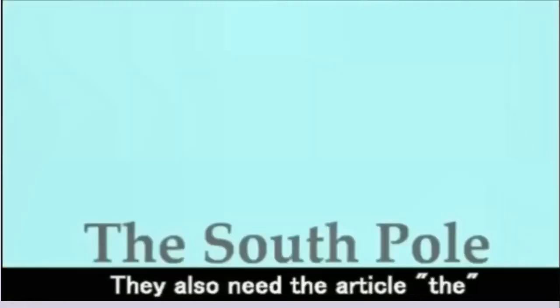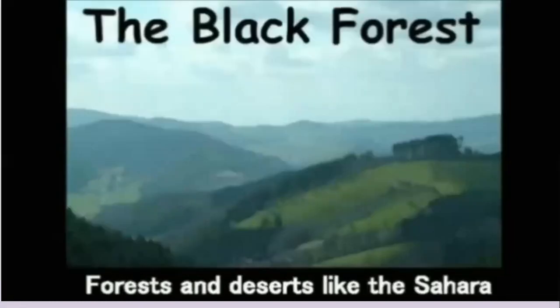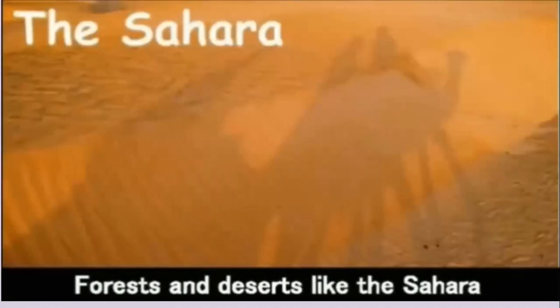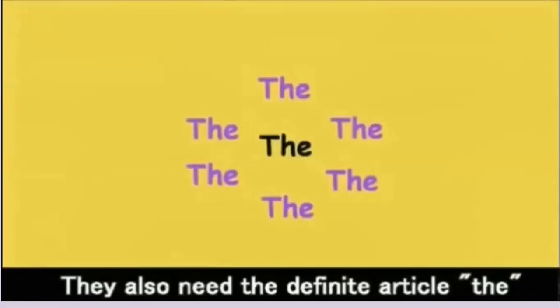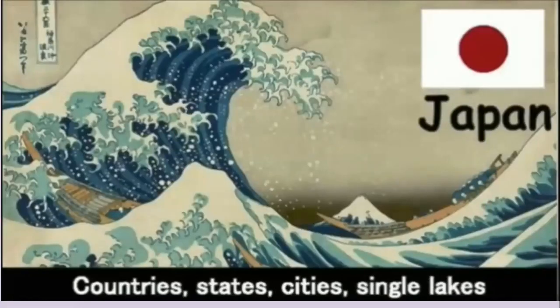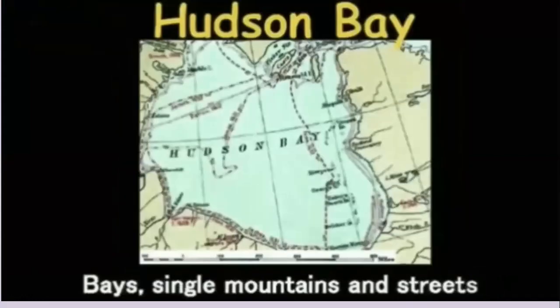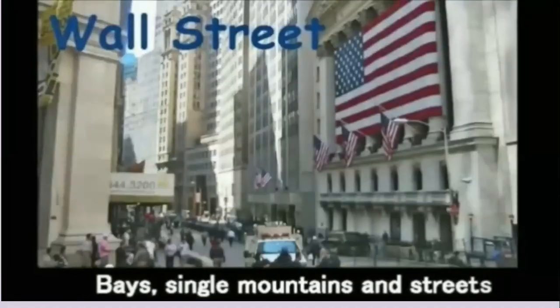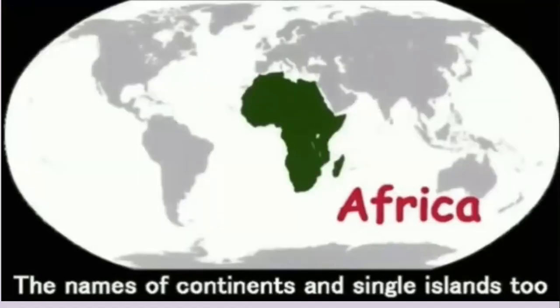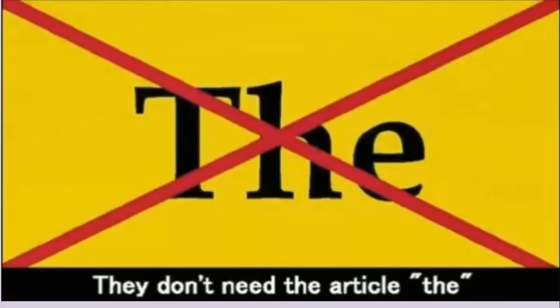They also need the article the. Forests and deserts like the Sahara, they also need the definite article the. Country, state, city, single lakes, bays, single mountains and streets. The names of continents and single islands too, they don't need the article the.